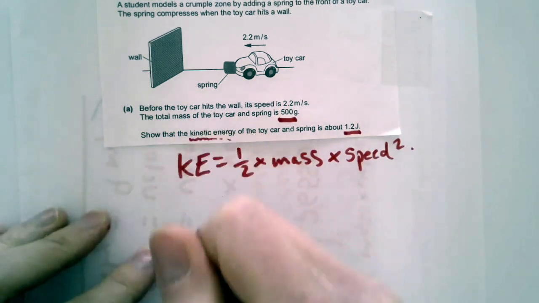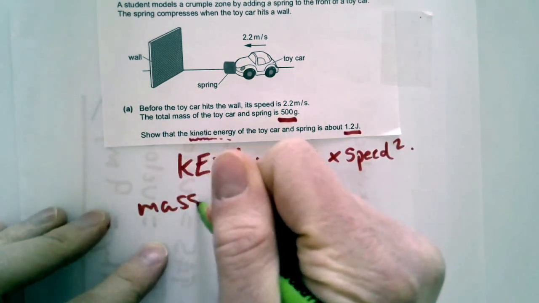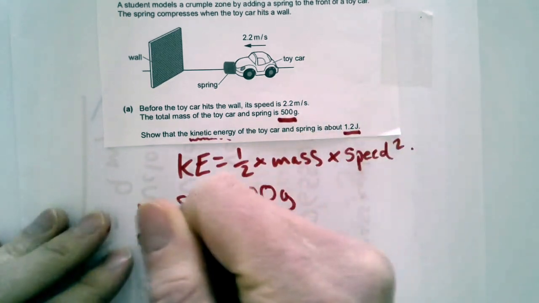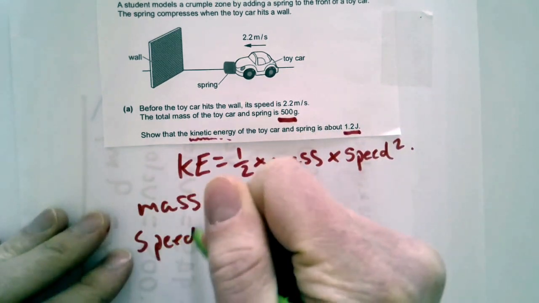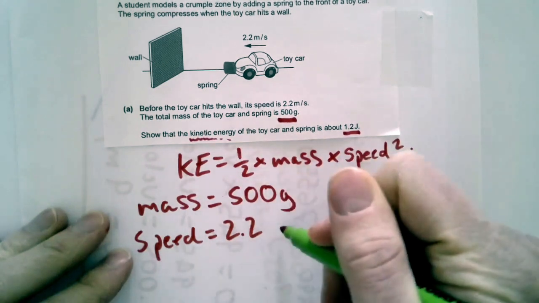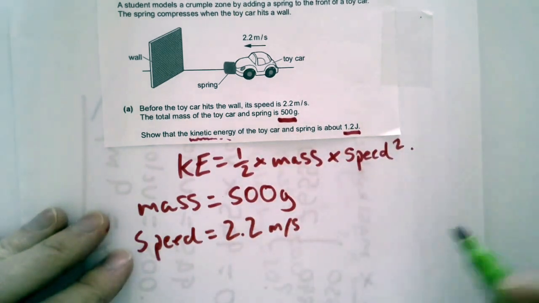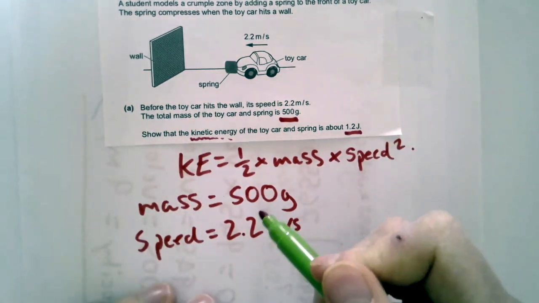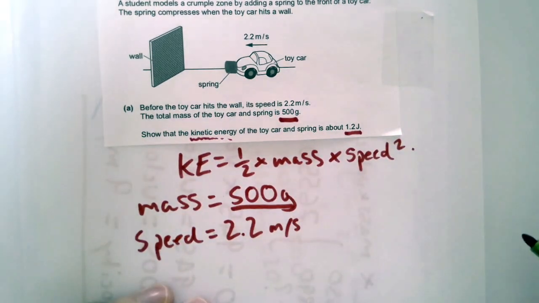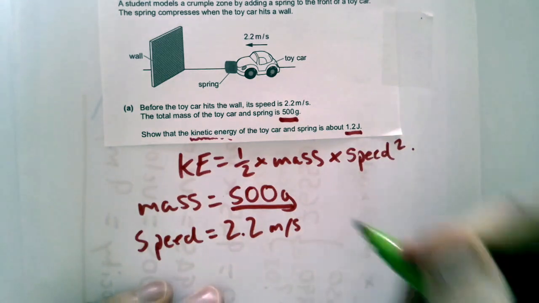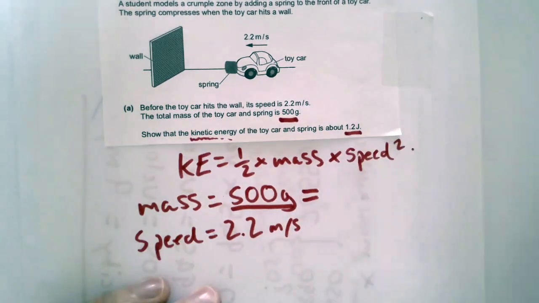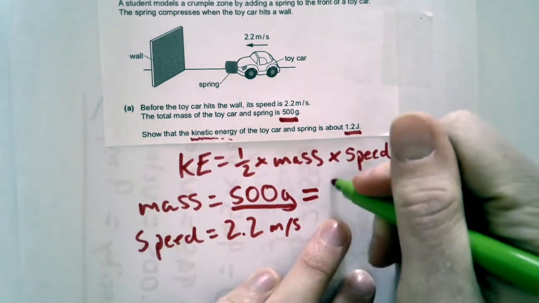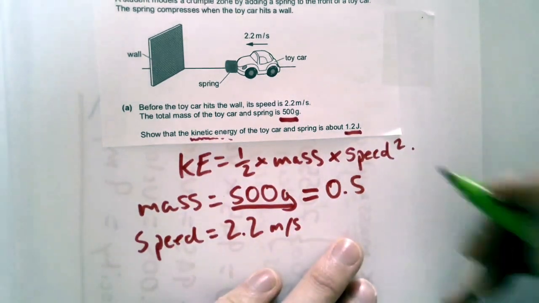You can say mass is equal to 500 grams, speed is equal to 2.2 meters per second. So the thing that makes this question a little bit trickier is this bit here, is that my mass is in grams and it needs to be in kilograms. There're 1,000 grams in a kilogram, so this is 0.5 kilograms.